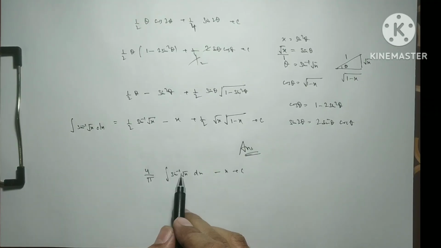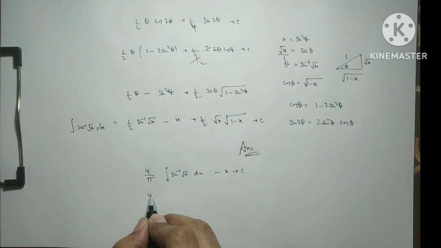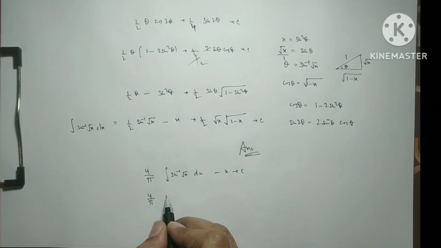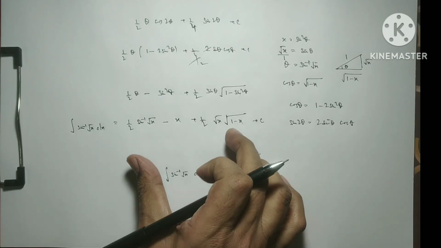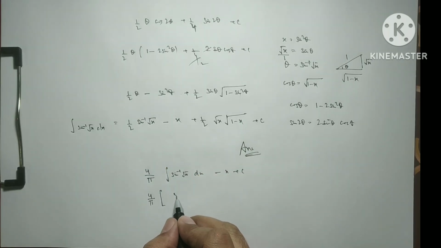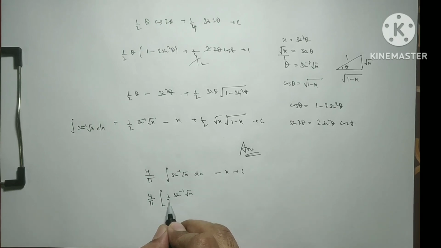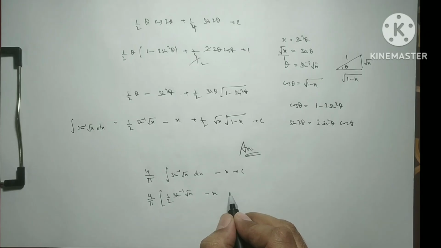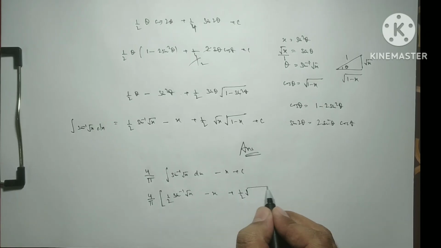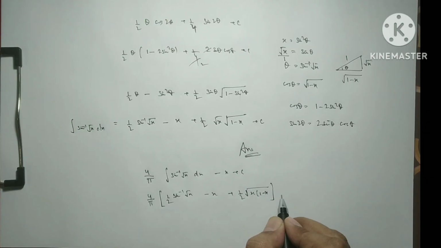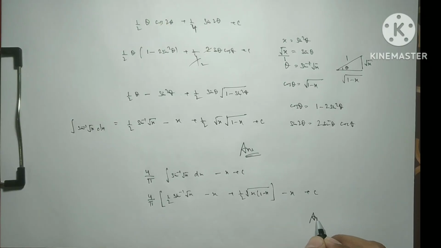So we put this value at this place, so it will be 4 over pi, and this entire value: sine inverse root x by 2 minus x and half under root of x into 1 minus x. So it is minus x plus c. So this is the answer.